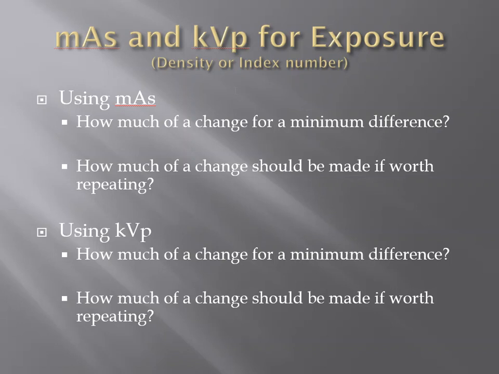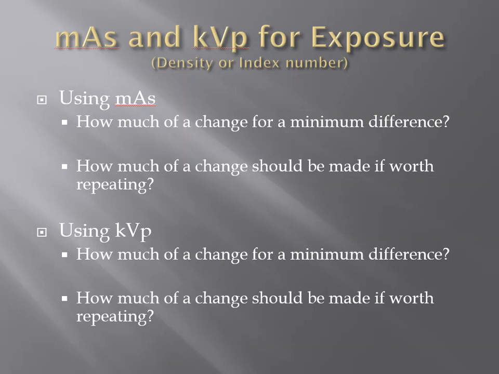So what we always said was that if you really needed to re-expose a patient, if the change was for a repeat, what you needed to change was your mass by a factor of 2. So if you were underexposed, you would increase your mass by a factor of 2. So if you used 100 mass and you needed a repeat, then you needed 200 mass.